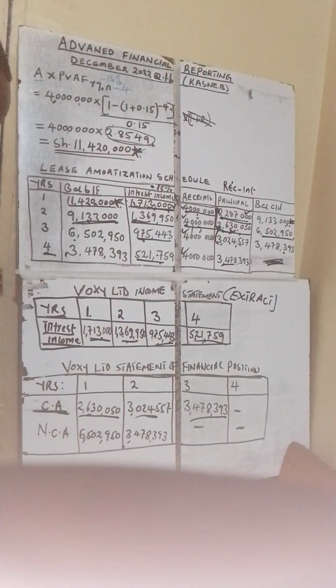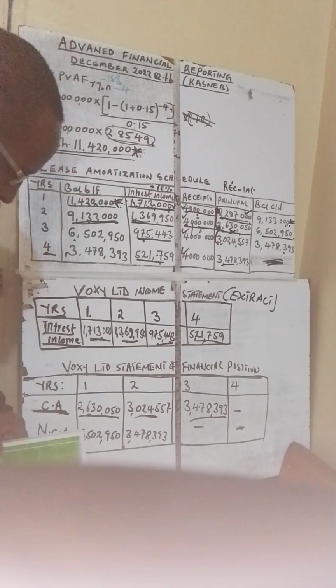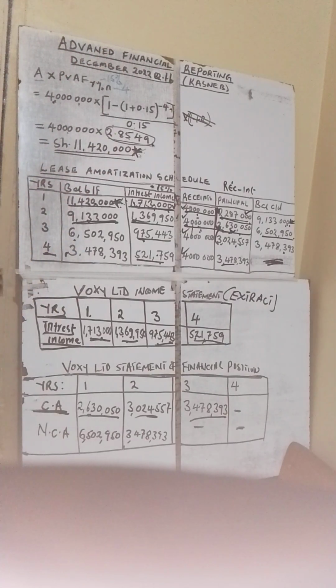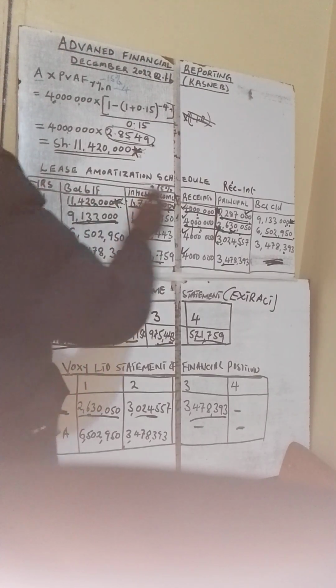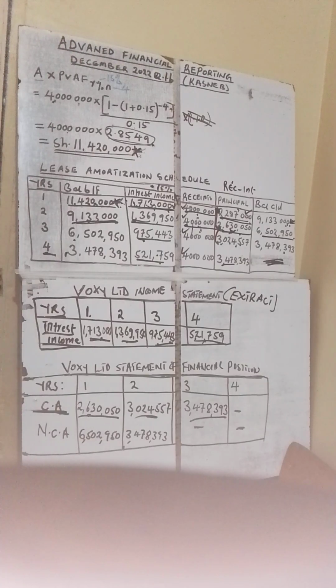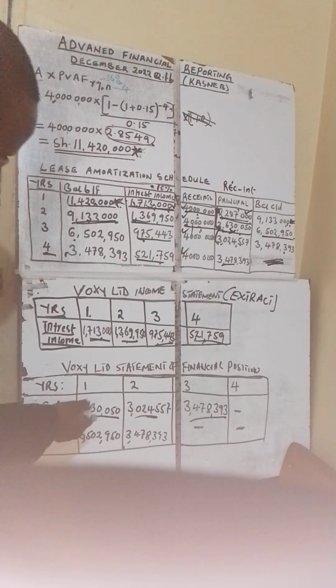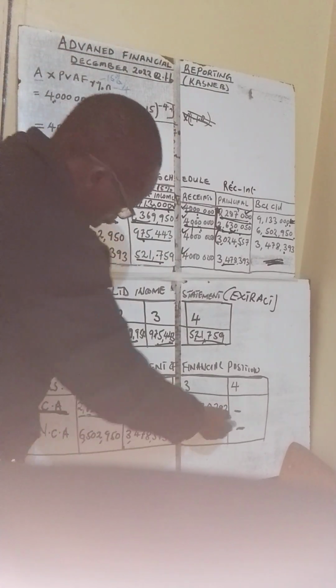So note that point here, which I've told you, that the current asset, you just take the principal for the next year. So for year 1, this principal as a current asset is not necessary because you have said for the current asset, you just take the principal for next year. So these are the current assets.